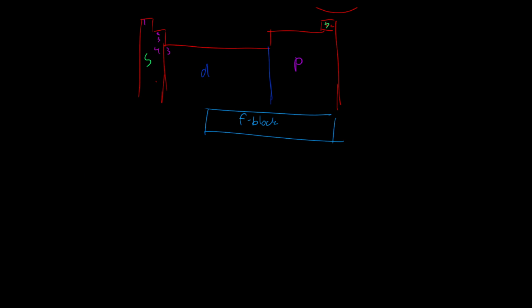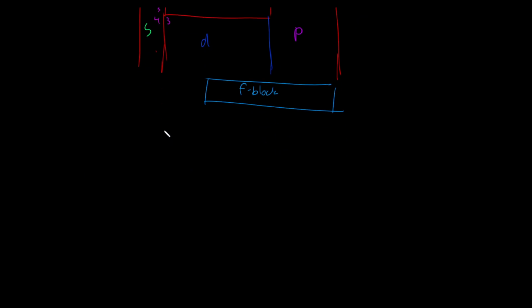I don't think the shapes are important, but the S, easy to remember, is spherical, so sphere. The P looks kind of like a peanut, and then the D is a double peanut, which is probably easy to remember. Those are the shapes of each subshell.